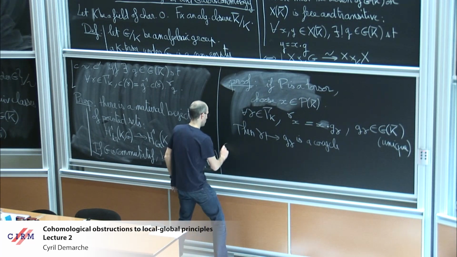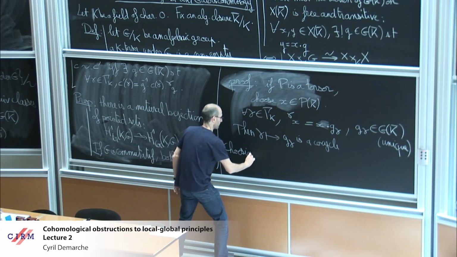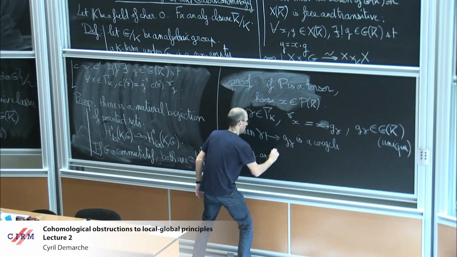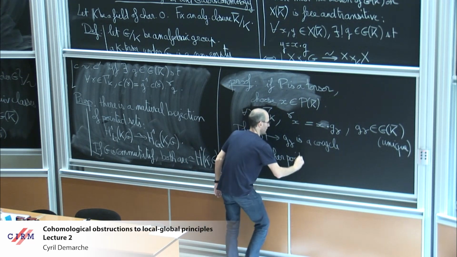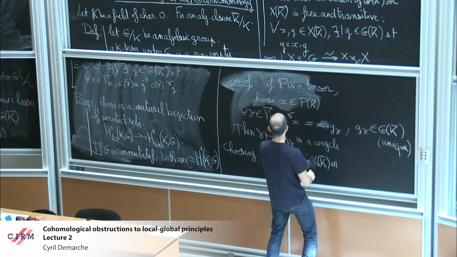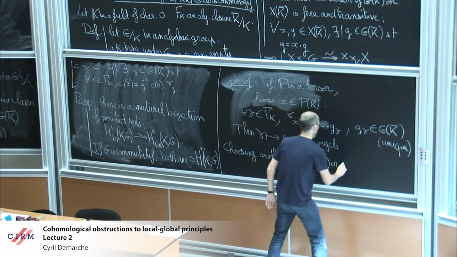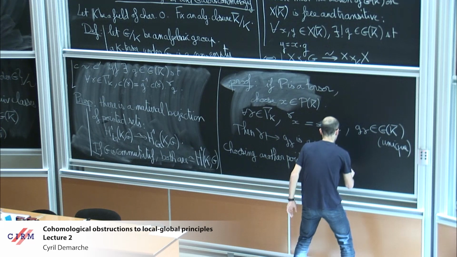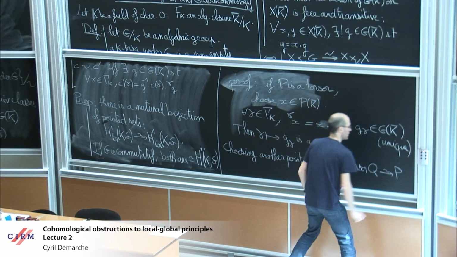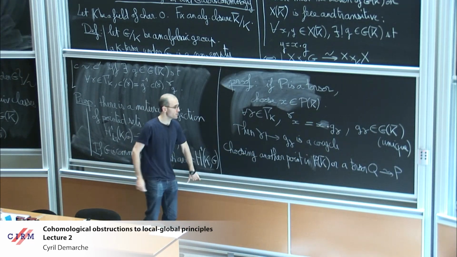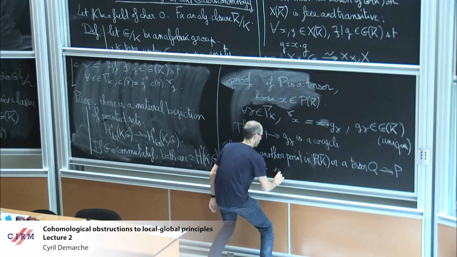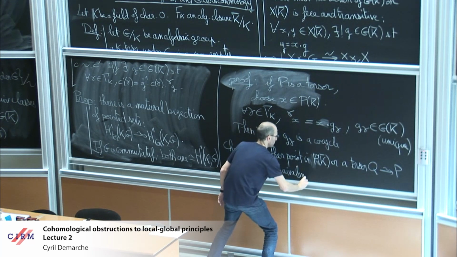Okay, so choosing another point in P K bar, or a torsor Q isomorphic to P, these two changes lead to equivalent cocycles.